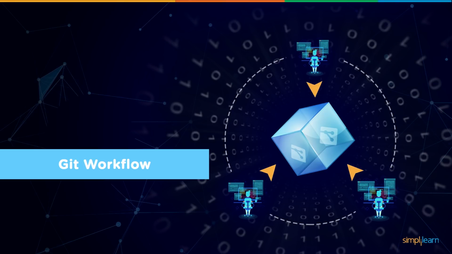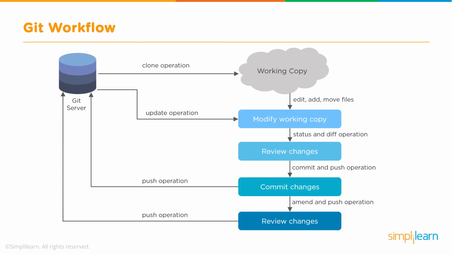So let's step through some of the workflow that we have available for Git. The way that Git works is that you, as an operator, as a developer, have the Git client on your local development machine, whether it's a Linux machine, a Mac, or a PC, and you connect to a remote server and you pull down the latest working copy, and then you're able to make all of your changes locally, and you can modify the code, you can review changes, and you can commit those changes to your Git repository that you have locally, and then you can push those changes back up to the remote server.